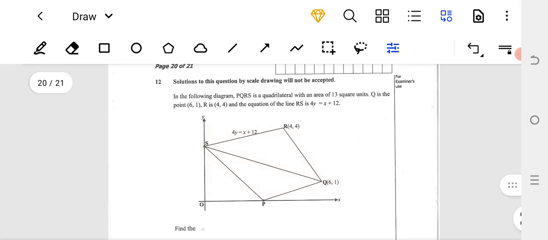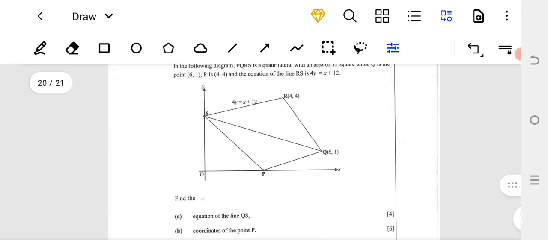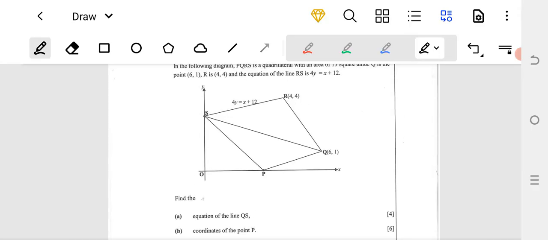And then they want us to find the equation of QS. So to find the equation of QS, we need the gradient. And then we have the coordinates Q, which is (6, 1).